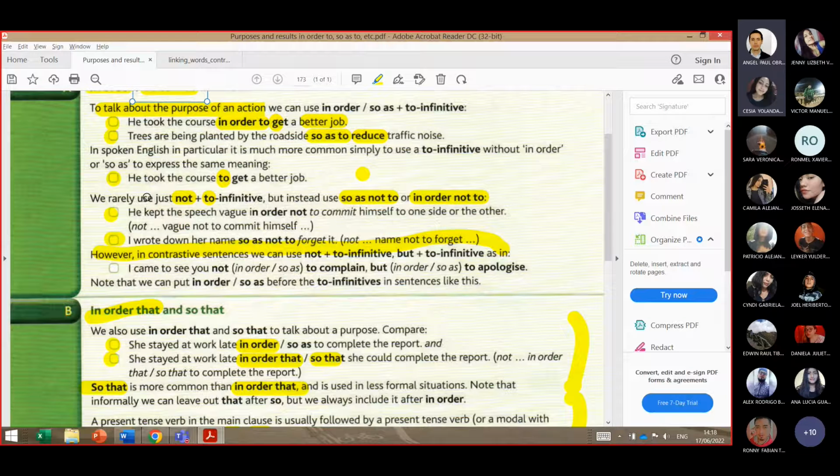Entonces, miren, ahí estoy utilizando al principio de la oración, ¿sí? Entonces, in order to play the game, comma, we must have two computers. ¿Sí? O yo puedo decir, so as to solve the problem, I must understand the question. ¿Sí? Entonces aquí estoy utilizando al principio de la oración.